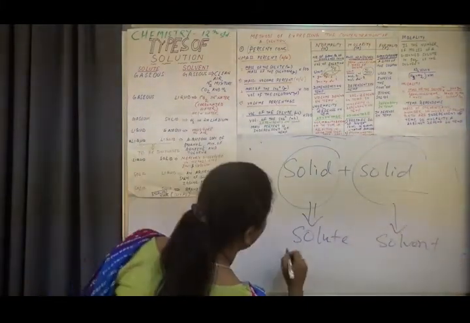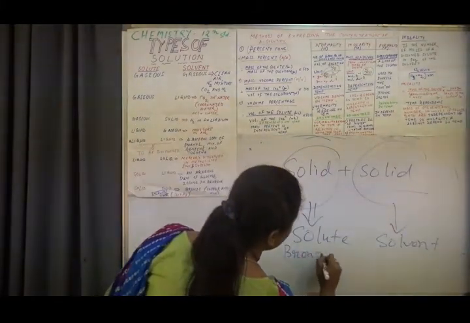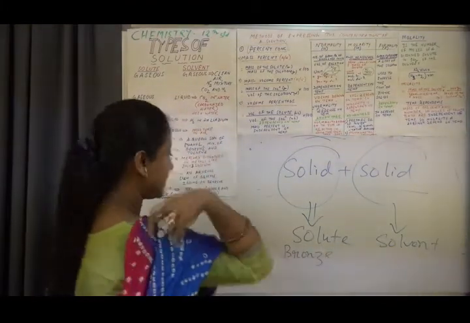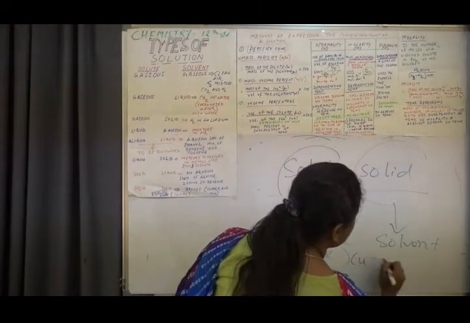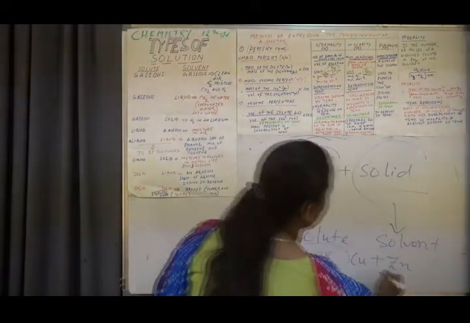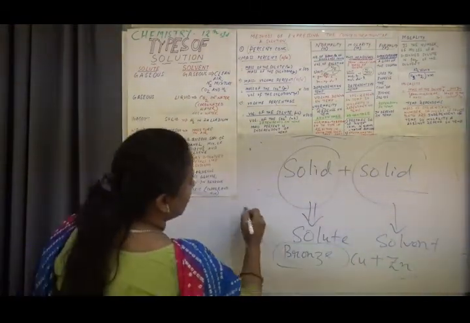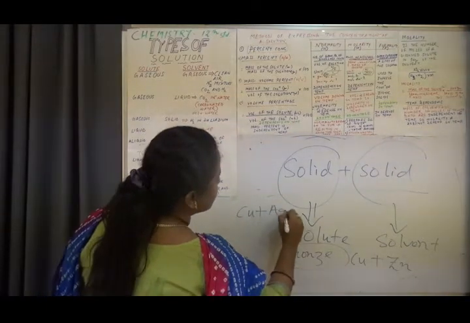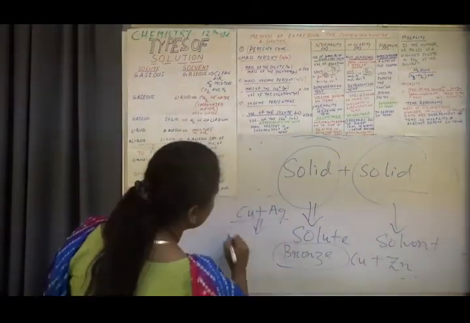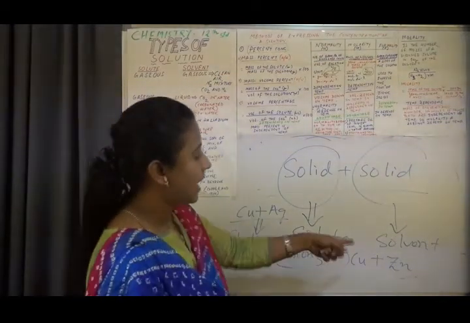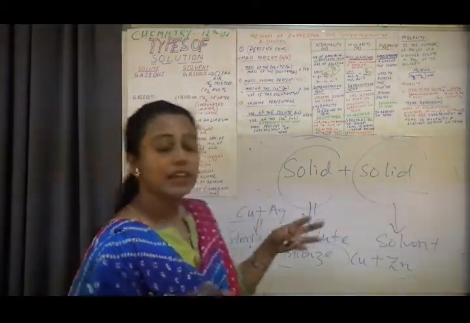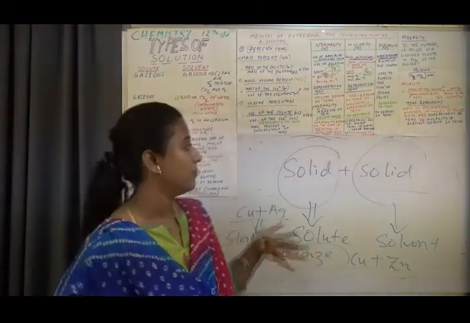For example, bronze. This is nothing but a solution in which copper is mixed with zinc. Then another example can be copper and silver to form sterling silver. This is an amalgam in which a solid is dissolved in a solid to form a solution.